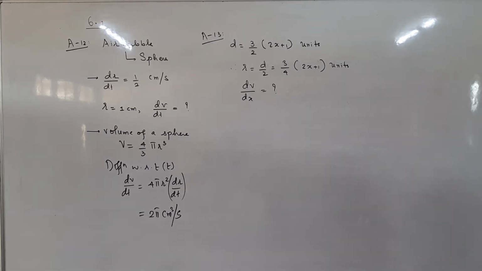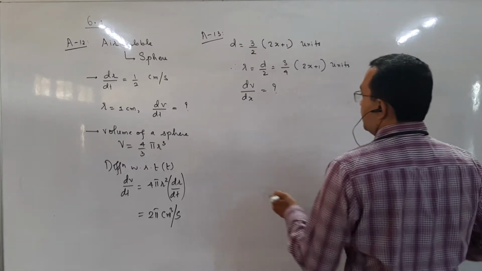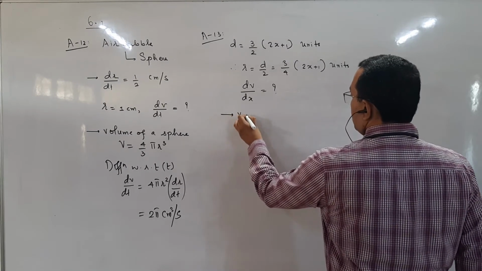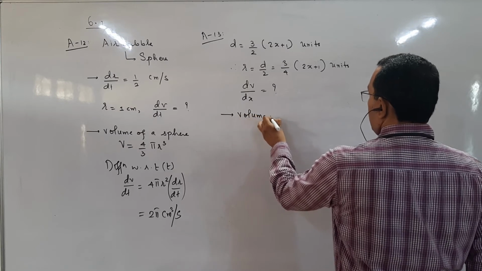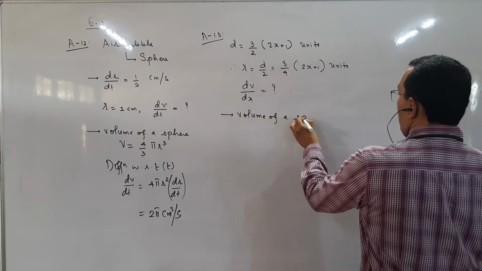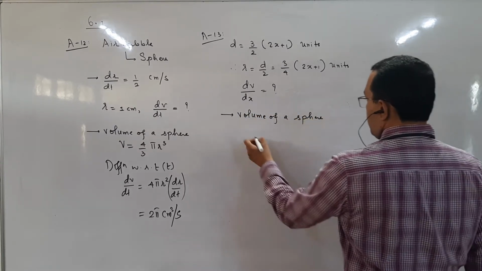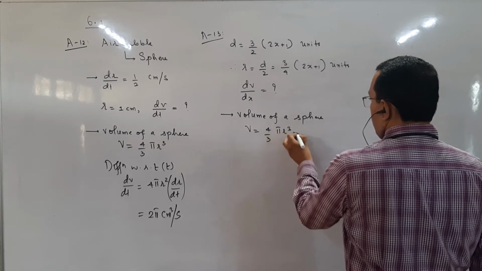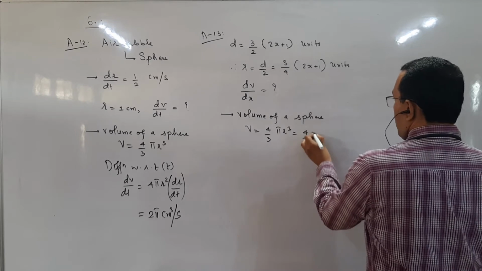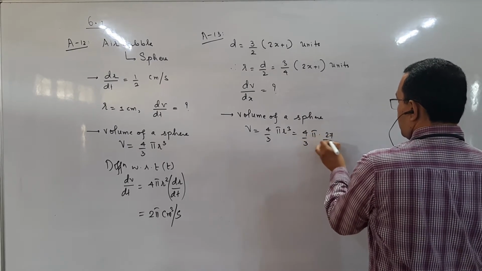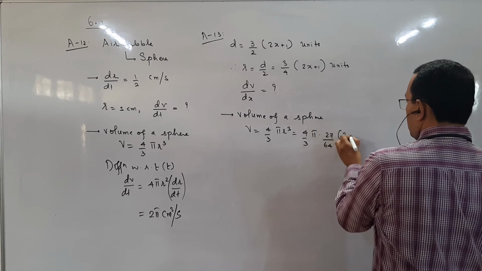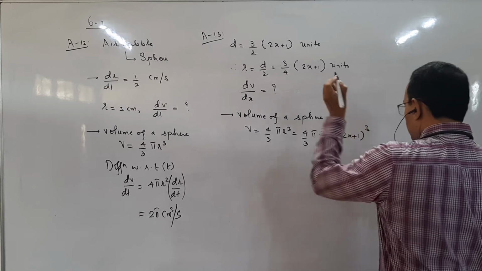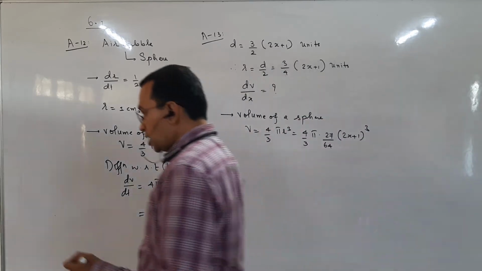So again, volume of a sphere. Students, what is the formula to find the volume of a sphere? It is 4 by 3 pi r cube. So 4 by 3 pi into 27 by 64 into (2x plus 1) the whole cube.